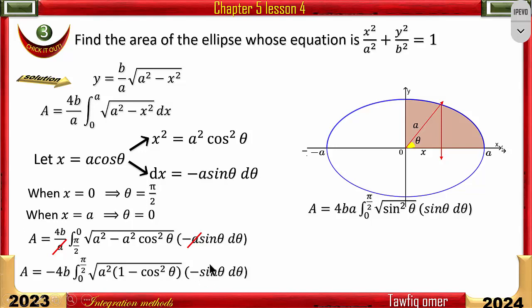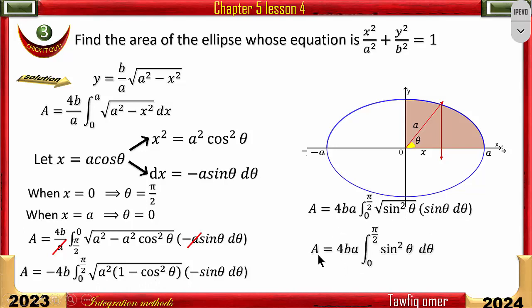And now multiplying, minus by minus, it becomes 4b. And square root of a squared is a, multiplying by b is 4ba. Integration from 0 to pi over 2. 1 minus cosine squared theta is sine squared theta, sine theta d theta.